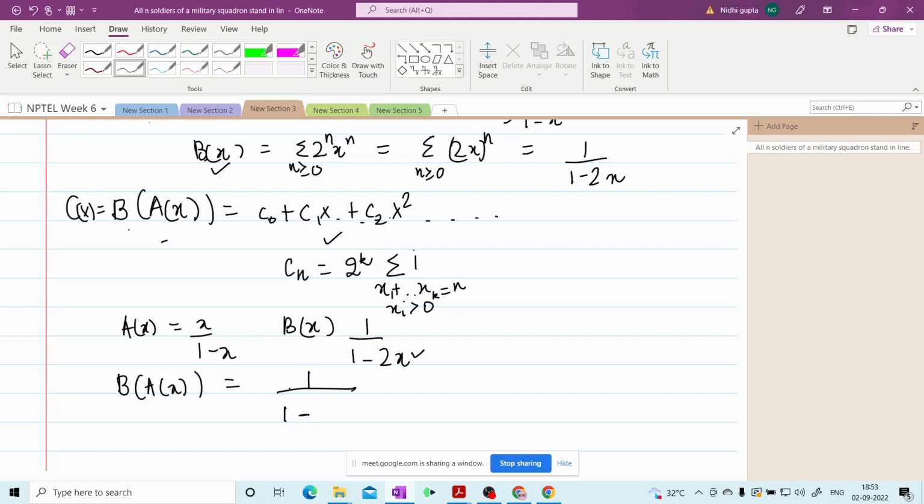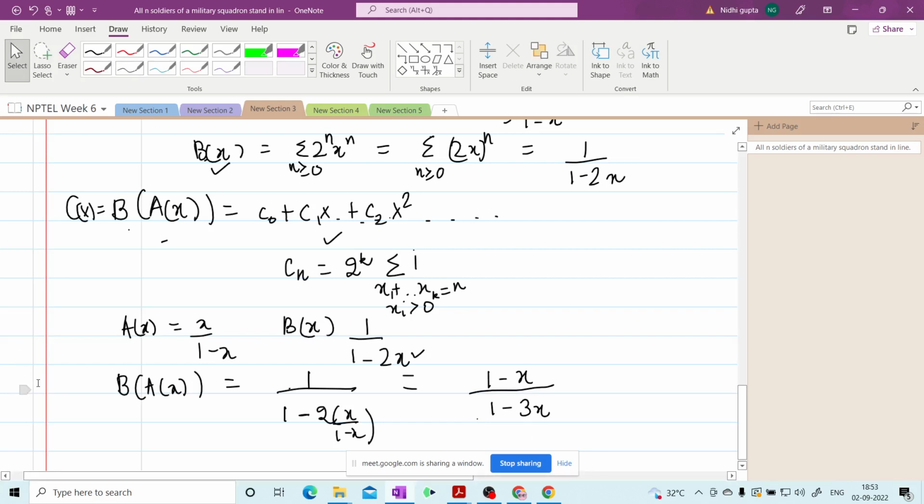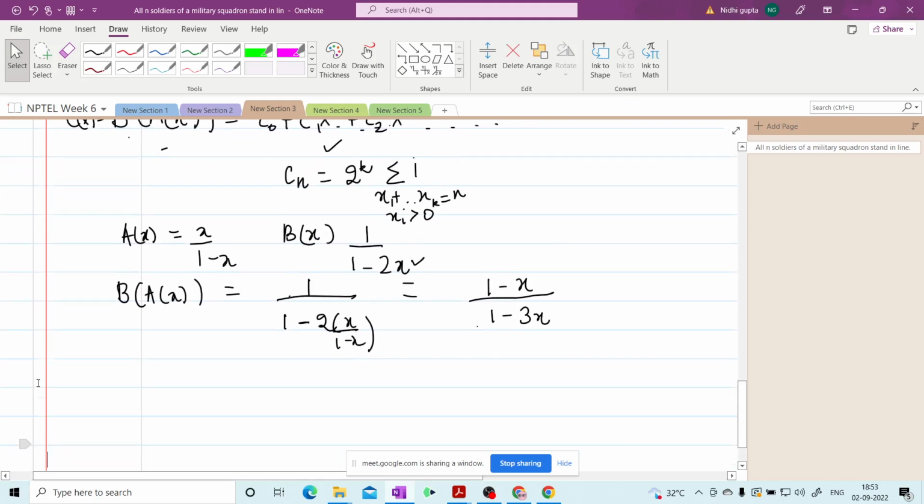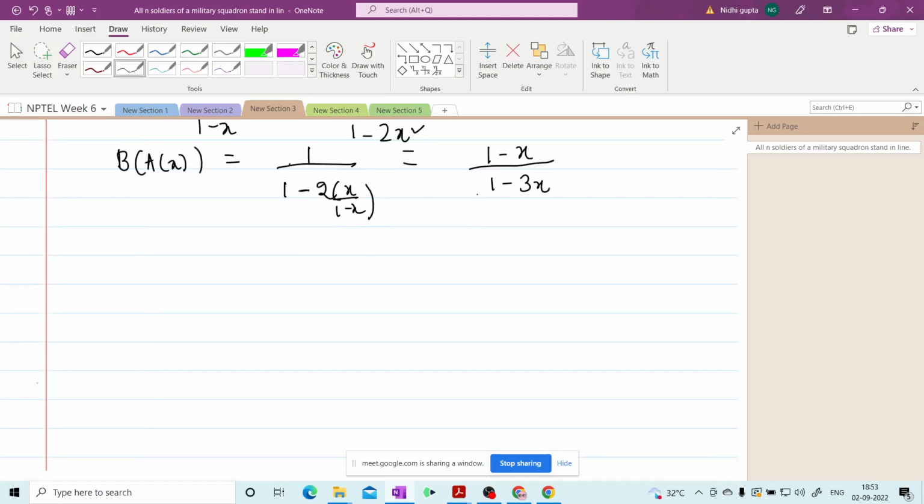So we get 1 upon 1 minus 2x upon 1 minus x, and when we further simplify it, we get that it is equal to 1 minus x upon 1 minus 3x. So now this is our C(x), 1 minus x upon 1 minus 3x.